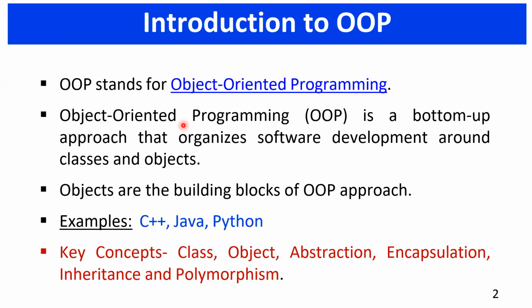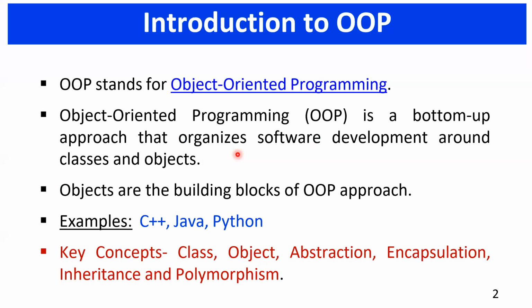OOP stands for Object-Oriented Programming, and it is a bottom-up approach that organizes software development around classes and objects. That means everything in object-oriented programming is organized as an object.